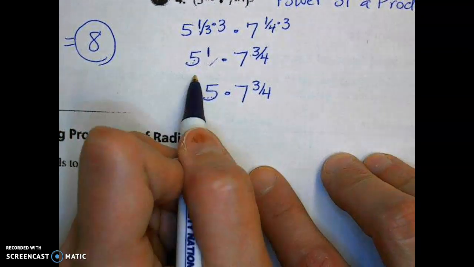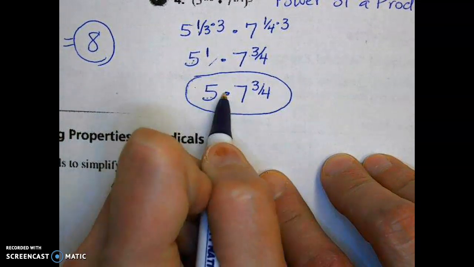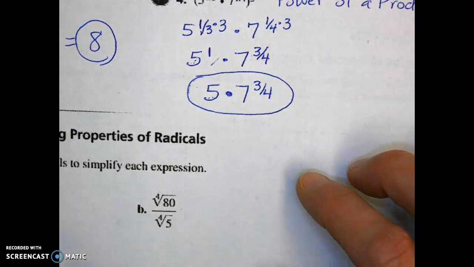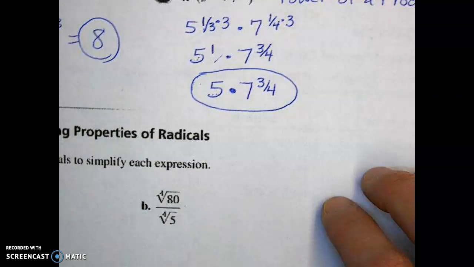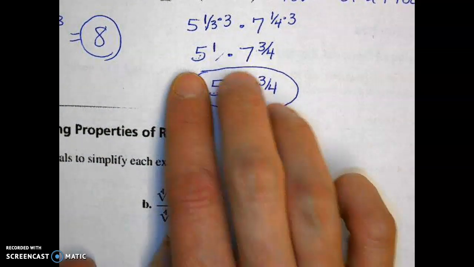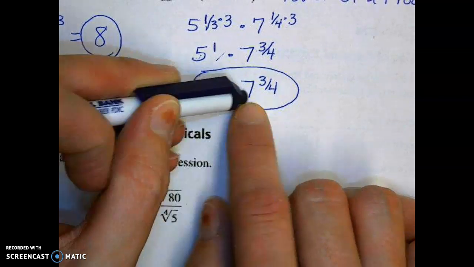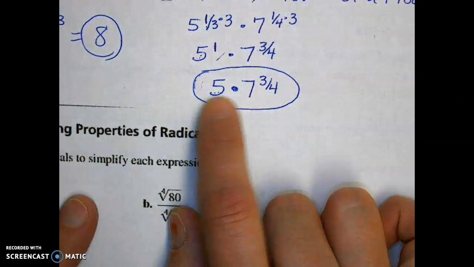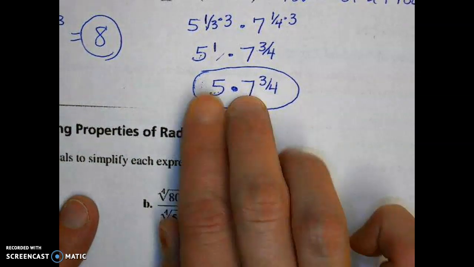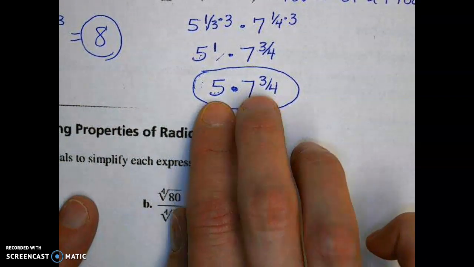That's it. That's simplified as much as you can. I know that one's a weird one. You could only go further if these were both the same number, like if they were both 7s. You can't do anything else because the base number's not the same.